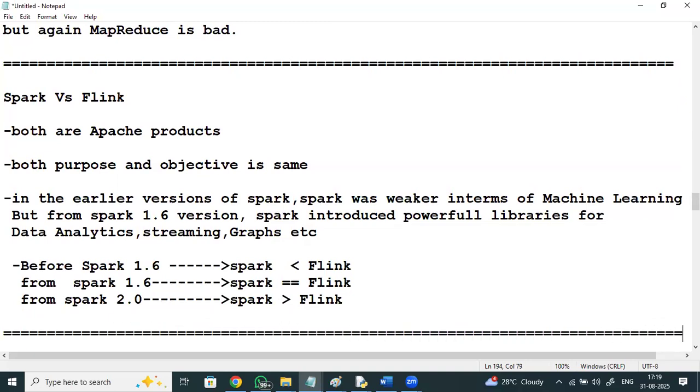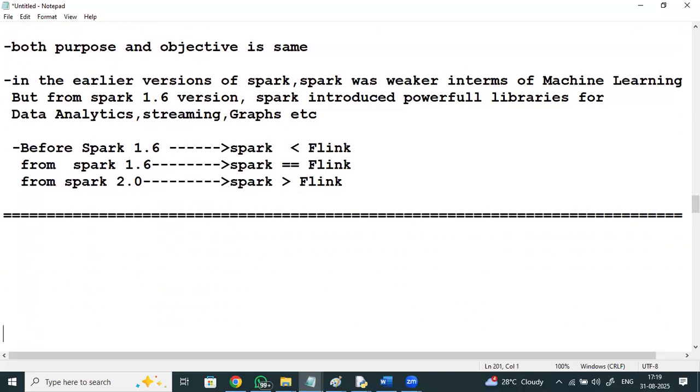So if we just enumerate Spark features and advantages.